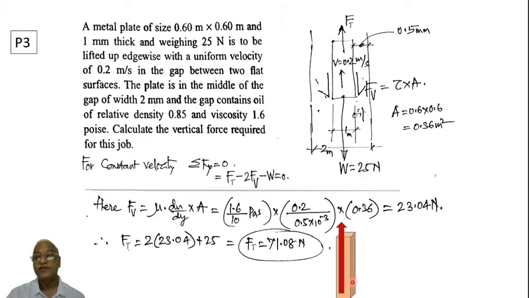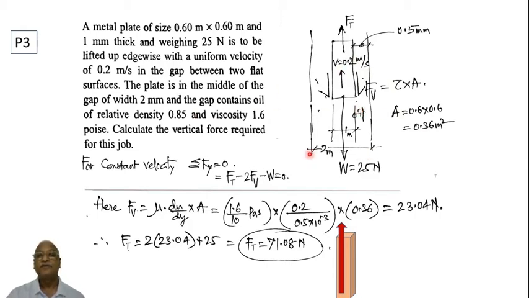So the surface area which is in contact with the oil will be equal to 0.6 by 0.6. So the area of contact with the fluid becomes 0.36 meters square. Here the viscous force will be acting in the opposite direction, right?